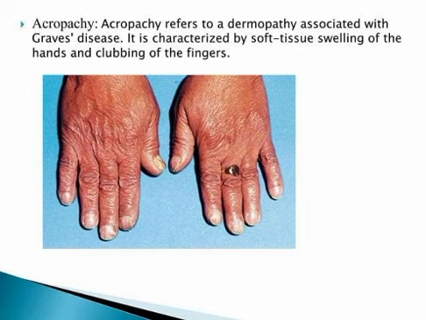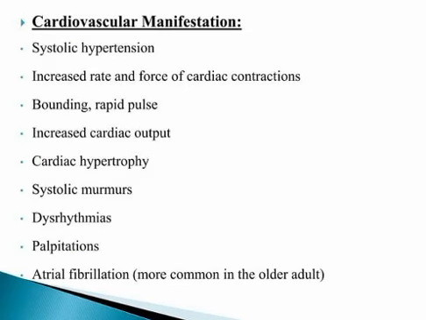That condition is known as acropathy. These are some of the signs and symptoms associated with Graves' disease. Exophthalmos as well as acropathy are both signs and symptoms mainly associated with Graves' disease. Next will be the cardiovascular manifestations.